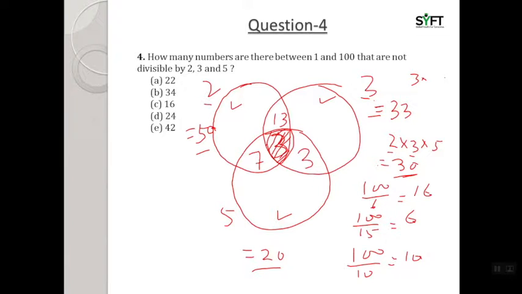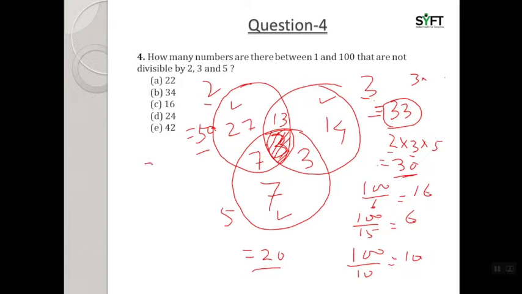So 50 minus 23 is 27. Similarly, the total is 33. Here 13 plus 3 plus 3 comes out 19. 33 minus 19 is 14. And out of 20 we already have 7, 3, 3, which is 13. So this portion comes out as 7.